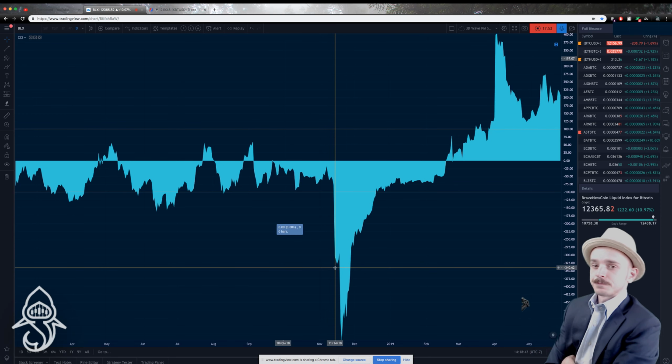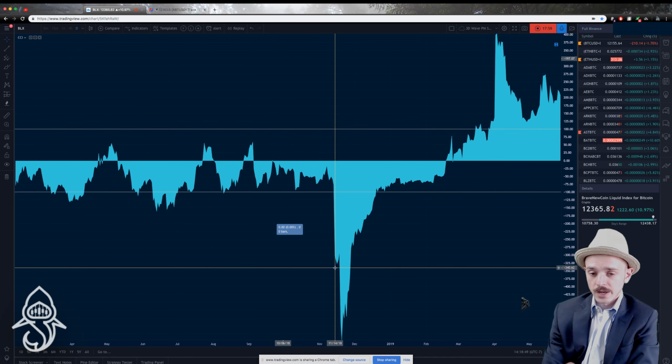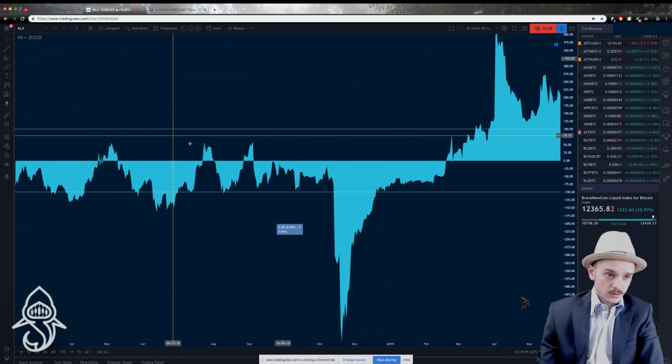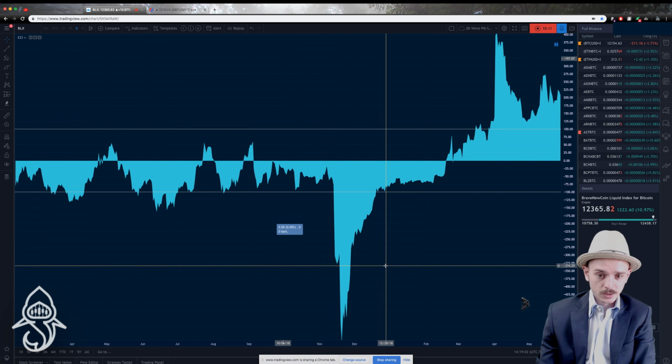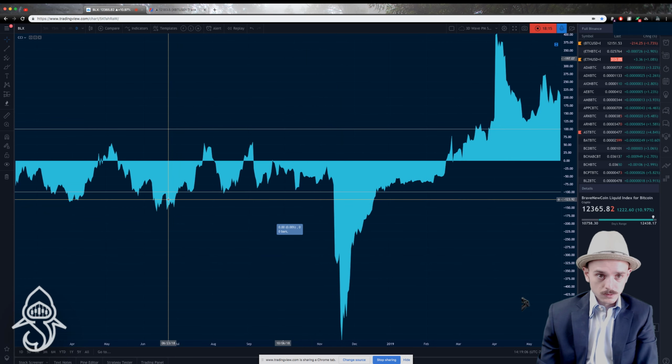Answer me this. Why does a percentile move that's less than a third of the size, right? Because 10% is a smaller percentage change than 30%. So why does the 10% move generate a larger extreme value than the 38% move?